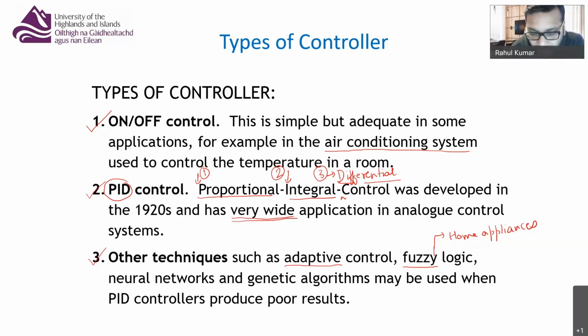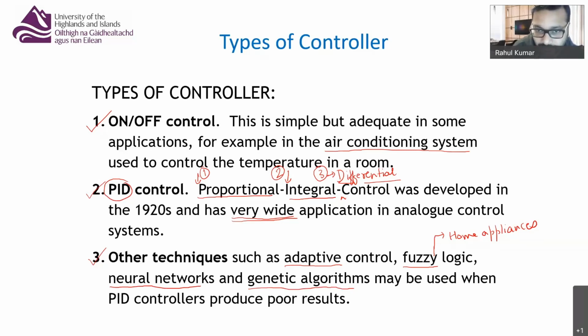And then we are going to study neural networks and genetic algorithm. Again, I will not go in depth for neural network and genetic algorithm, but I will give you a brief or basic concept as to how they operate.